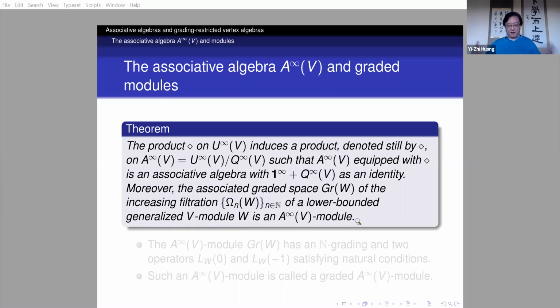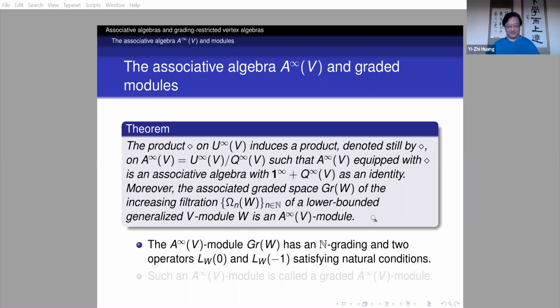This way of definition automatically gives us this A infinity V module, so we do not need to spend a lot of effort on that. It's easier to define the A infinity module this way, but when you want to do other things, it will be difficult. If you view this as an associative algebra, it will have a lot of modules.